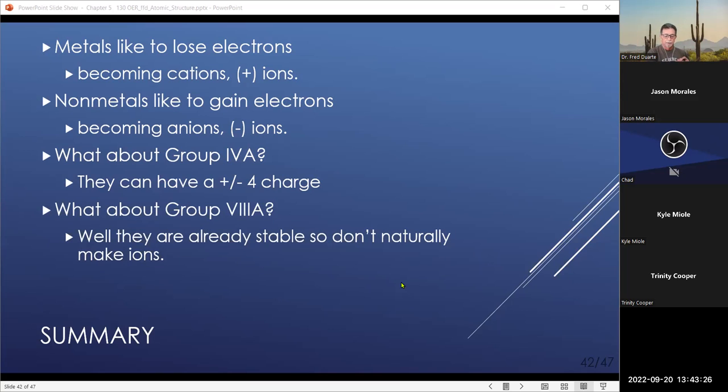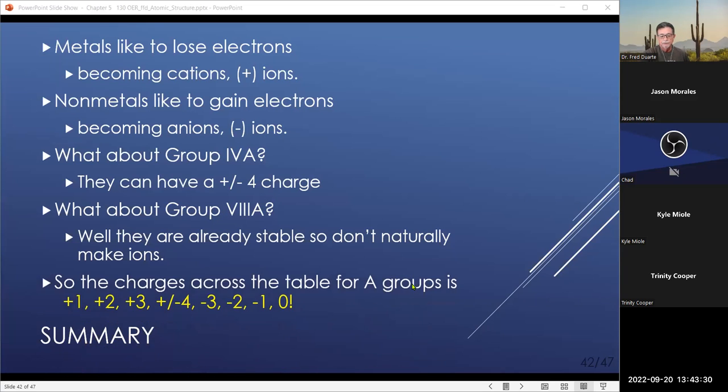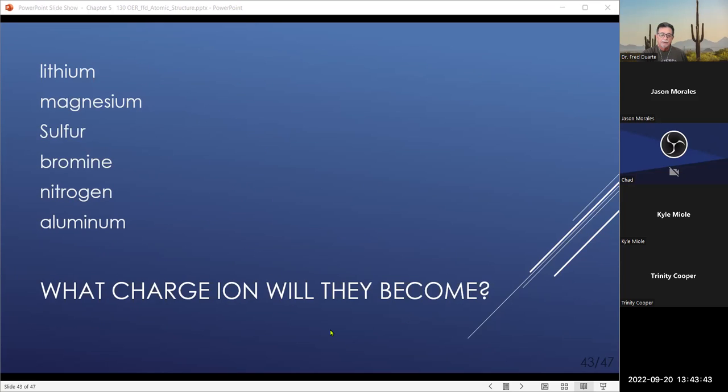They're not going to do anything. They have no charge there. And that is their respective charge across the periodic table, specifically only for the A elements. All right, so what do we determine here? Well, they're asking you what charge ion would they become?